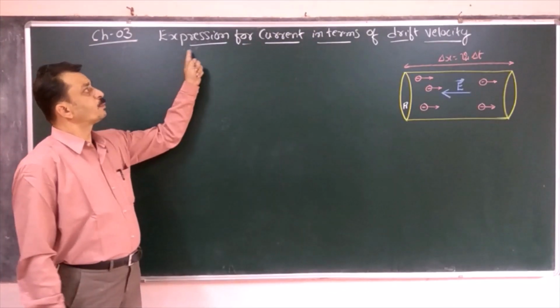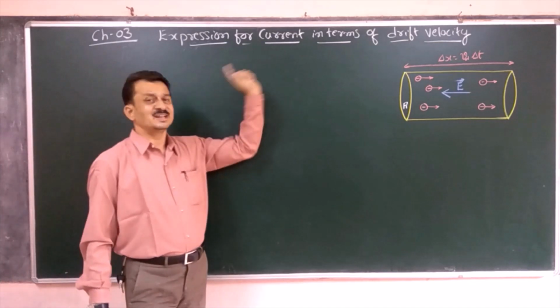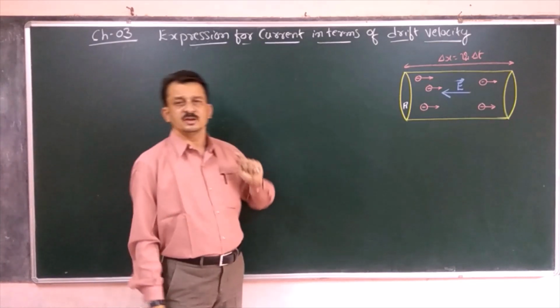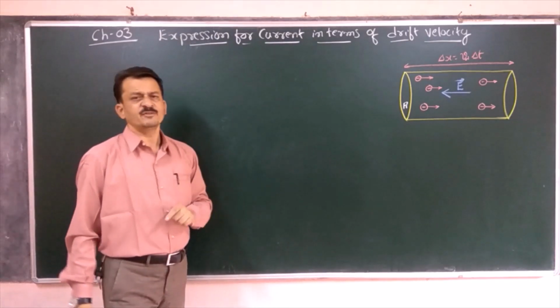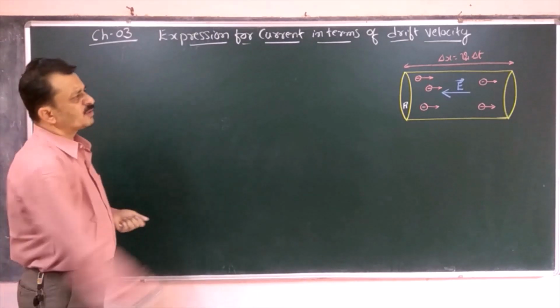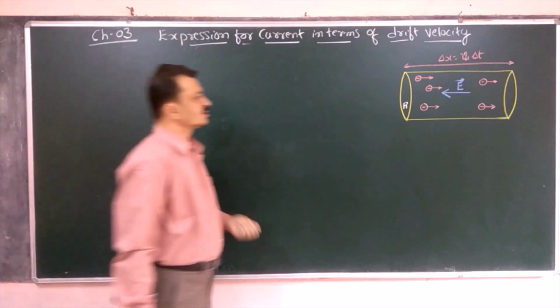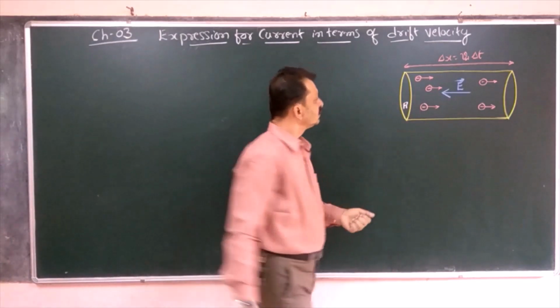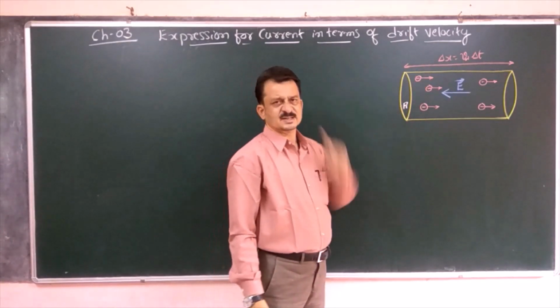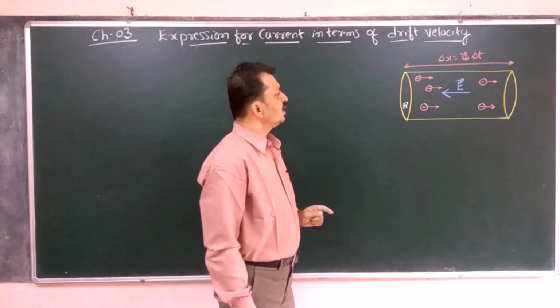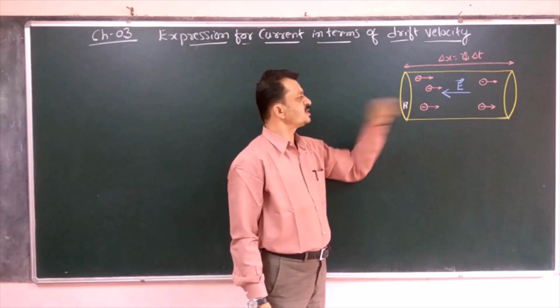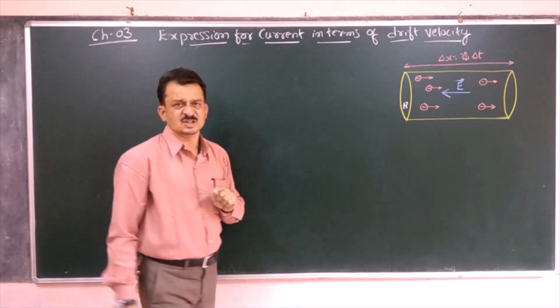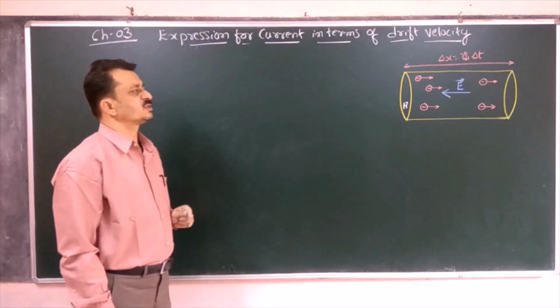Now obtain an expression for electric current in a conductor in terms of drift velocity. For that we will consider a conductor of length delta x. Since it is a metallic conductor, the free charge carriers are electrons, which are negatively charged.